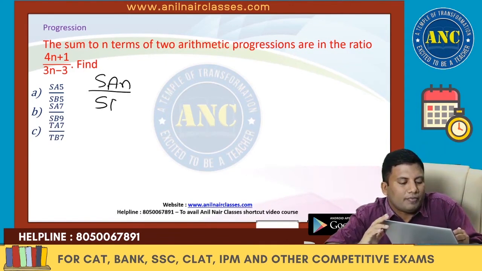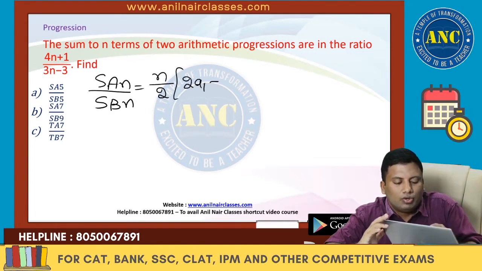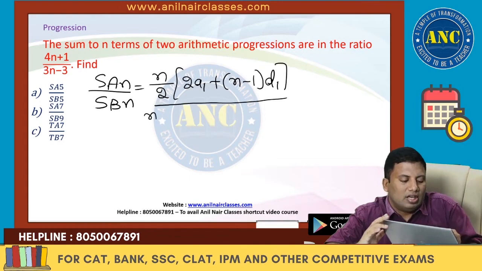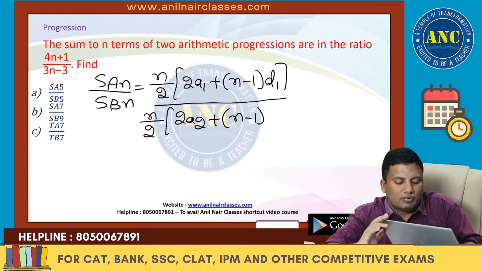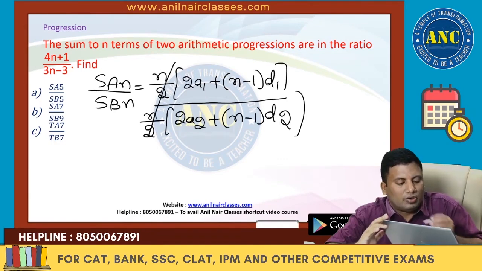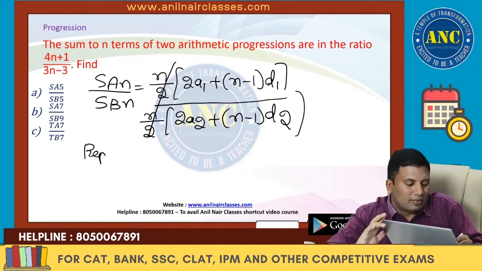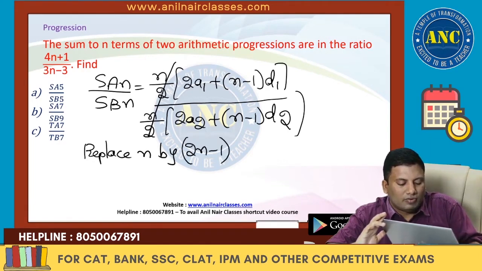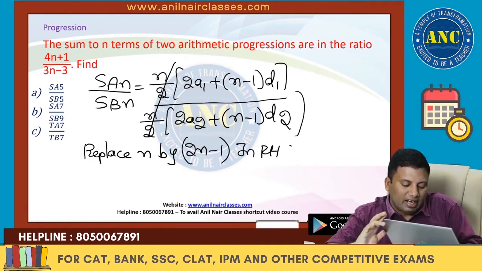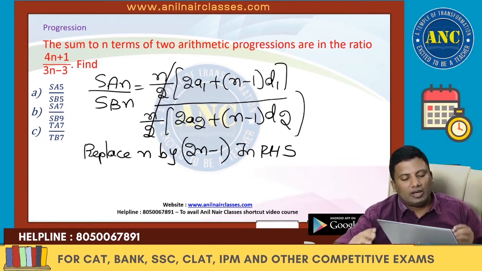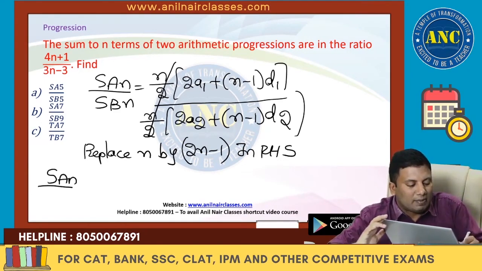SAn by SBn. Sn is given by n by 2 into 2a1 plus n minus 1 into d1, over n by 2 into 2a2 plus n minus 1 into d2. n by 2 cancels. Replace n by 2n minus 1 on the right-hand side.